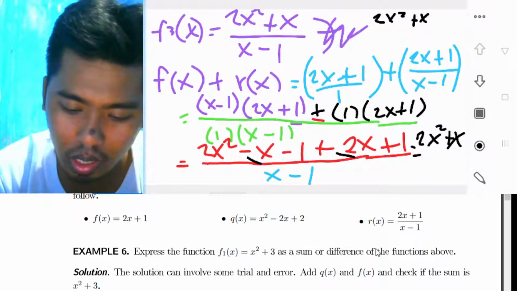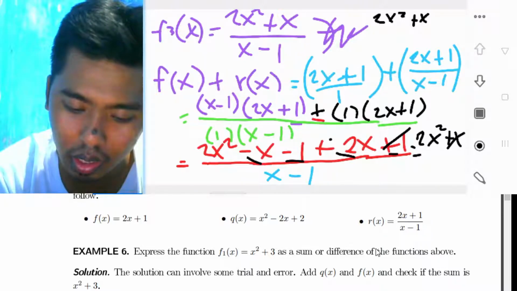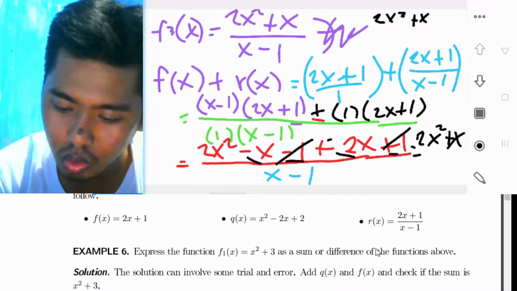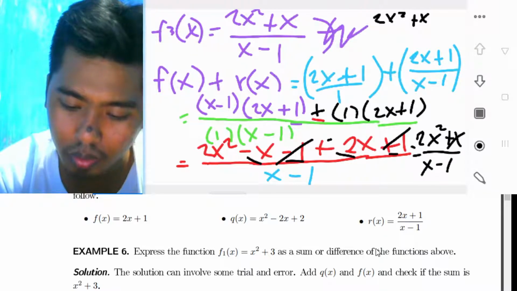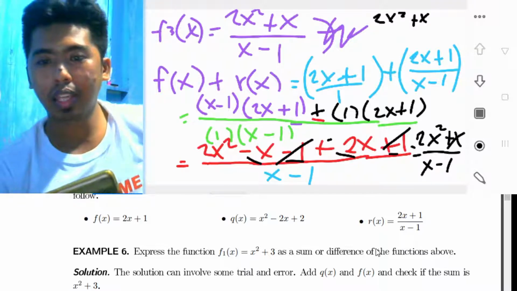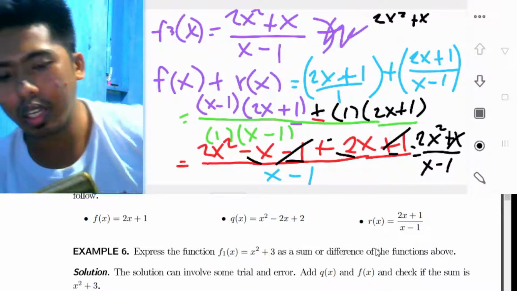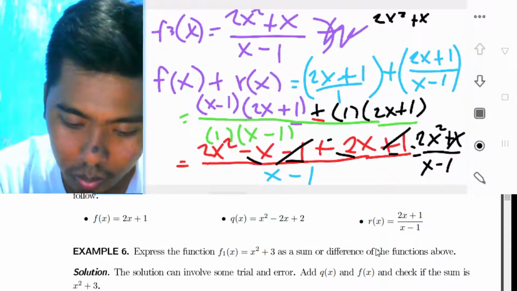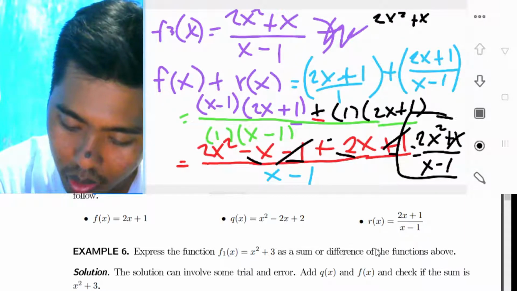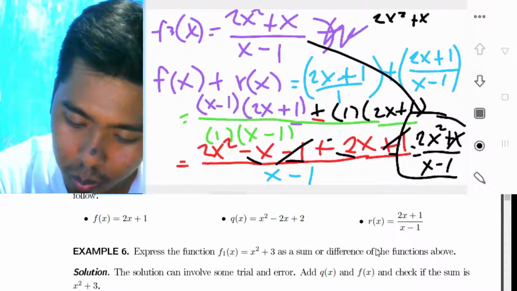Next we have negative 1 and positive 1, which cancel out. So this will be 2x squared plus x all over x minus 1. So this would be the answer to this problem.